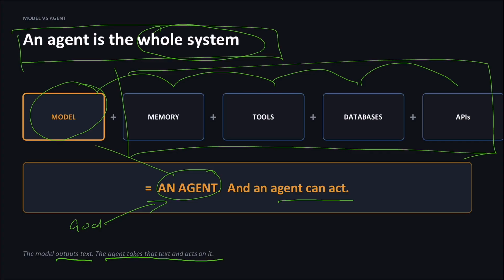It always will go to the model to ask for the next action to be performed, because the model can do the reasoning part and give a response to the agent that, okay, you go and connect to the memory, you go and connect to a specific tool, you go and connect to a database, you go and connect to an API, right? So that is the difference between a model and an agent. And this is very important from a designing perspective, because while you're designing something like an enterprise AI agent, you need to understand how this marriage, this handshake between the model and the agent should happen.